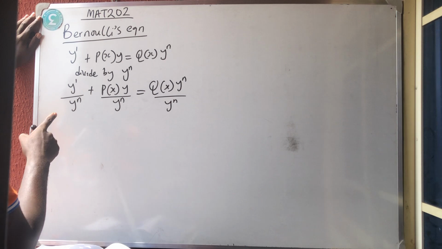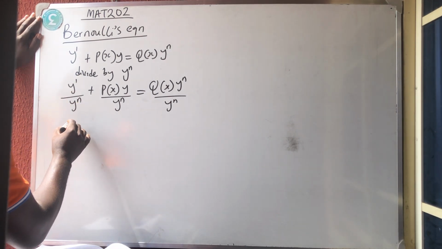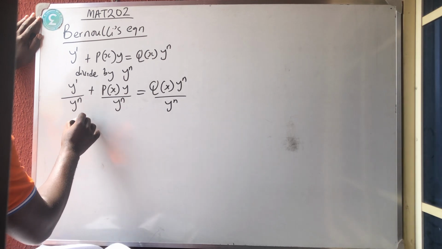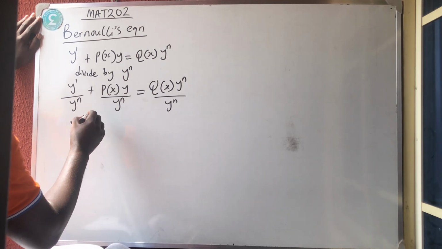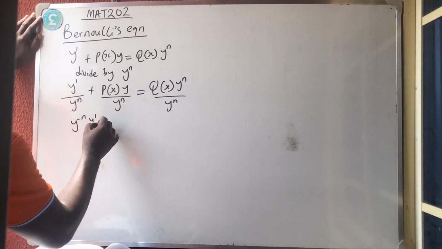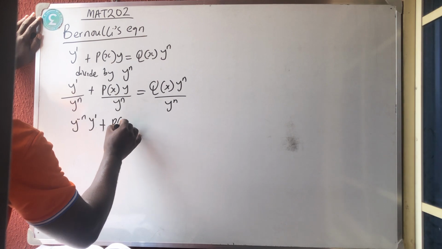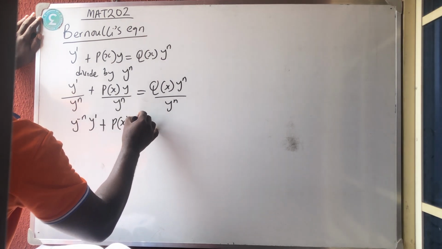Now, according to indices, if something wants to come up, the power will be negative. So I'm having y raised to power minus n y prime plus p of x y raised to power 1 minus n.